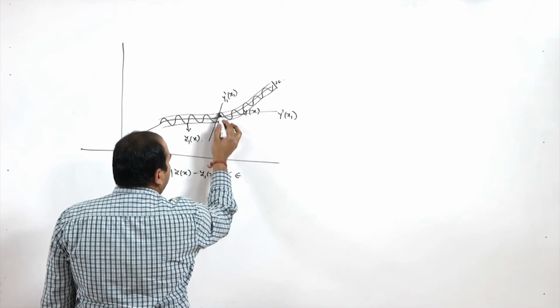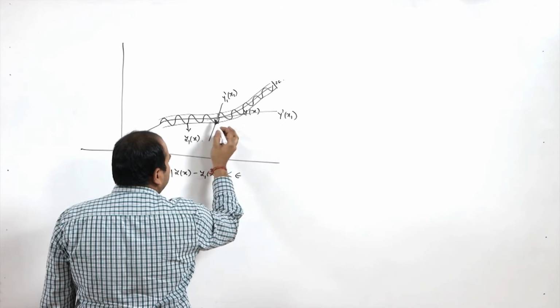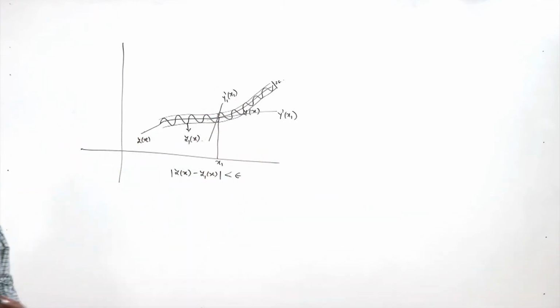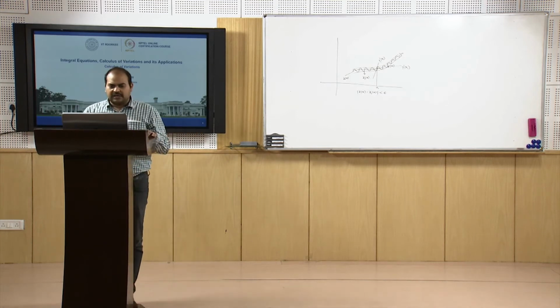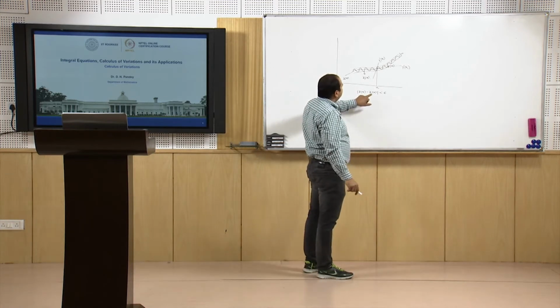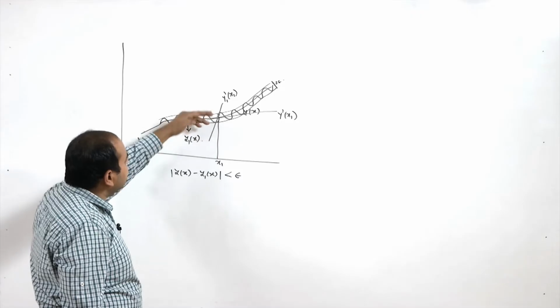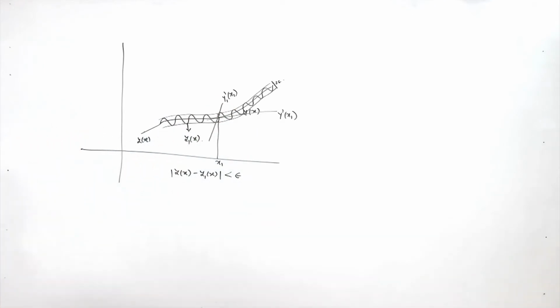The slope of curve y1 and the slope of curve y are quite far from each other. So in this sense we can say that y and y1 are not close enough in the sense of the first order derivative.